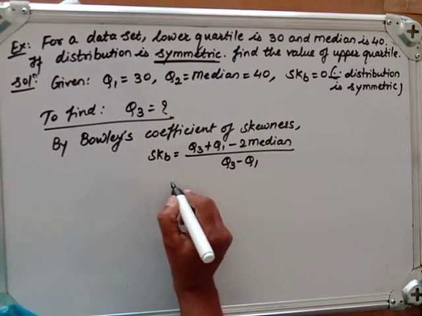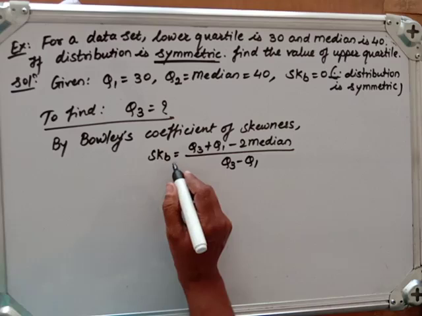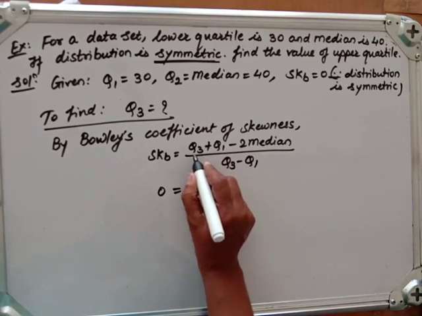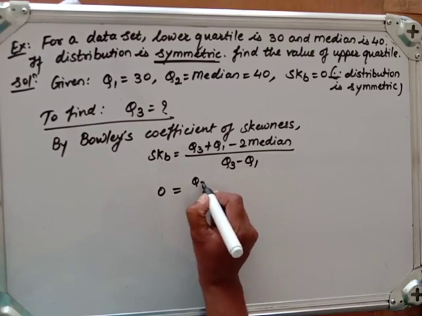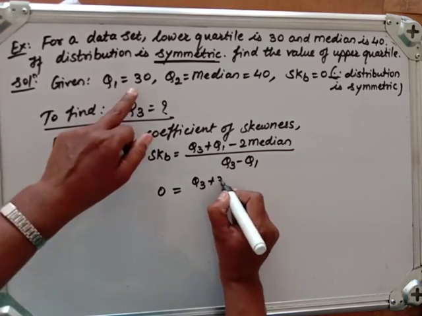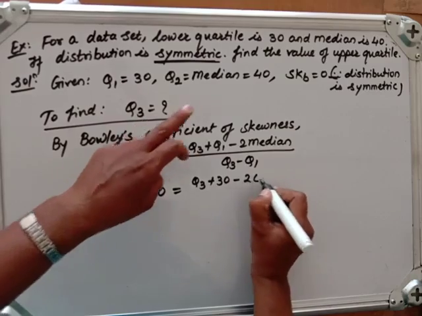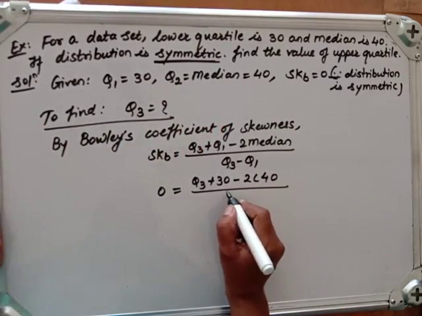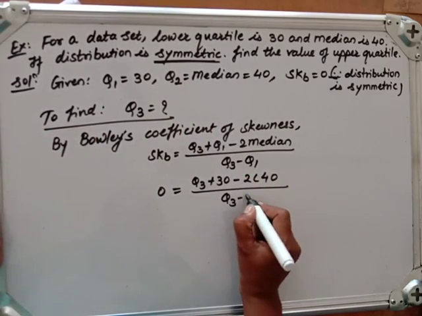Now this value is given as 0. So 0 equals Q3, which is not known to us, plus Q1, that is 30, minus 2 times median, that is 40, upon Q3 minus 30.